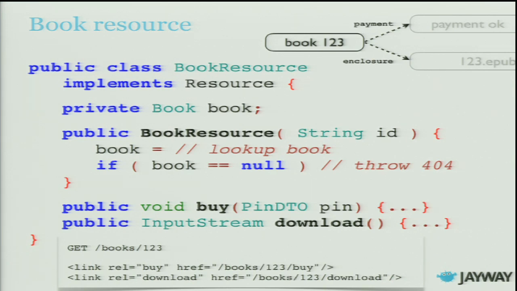But okay, if you look at the buy method, you see that it actually has a pin DTO, so an argument. Now one step back here, because I just said that the buy method will be POST. But if you think about following a link in a browser, it's always HTTP GET. So how does this actually work?